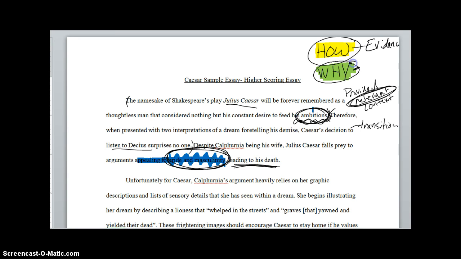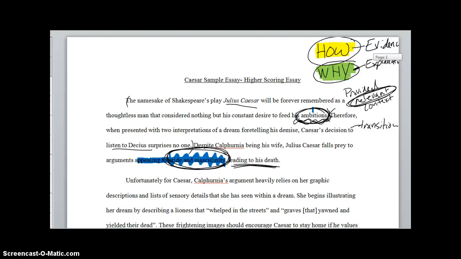And then the why is anytime there's that explanation, right? Anytime we're told why the arguer uses these elements. So we've got the two different highlighters. The how, the evidence, is yellow. The why, the explanation, is green.